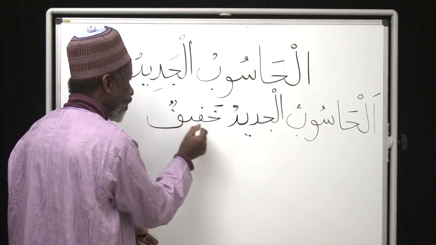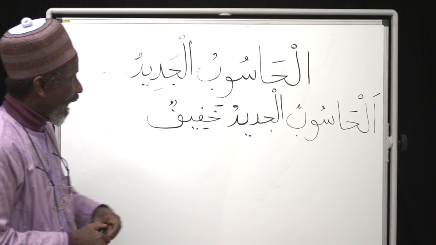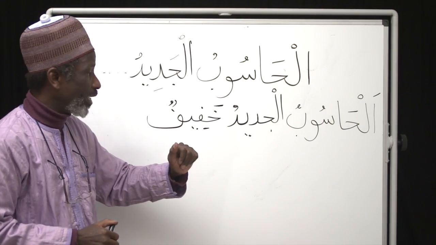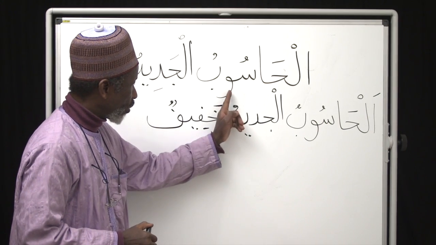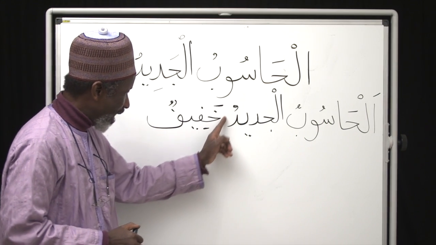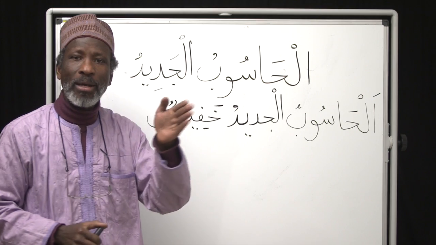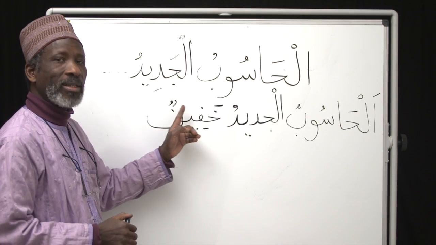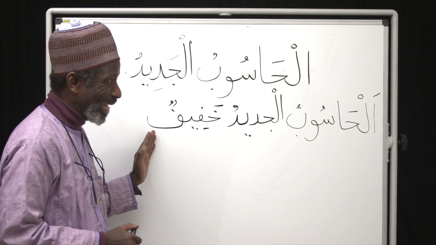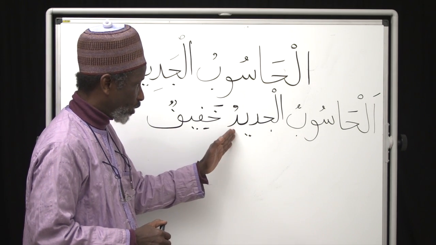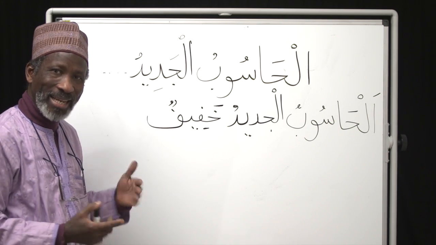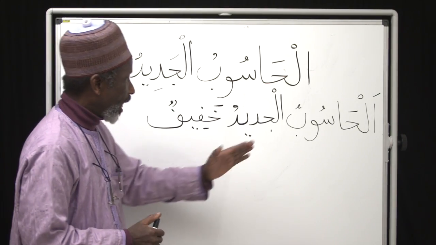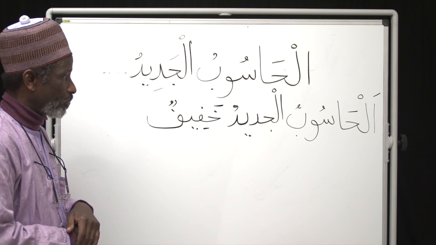So what's happening here? Al-hasubu al-jadidu, the new computer. Khafifun, we drop the al. By dropping the al, the "is" is now implied. Khafifun is light, because the literal meaning is the new computer a light, but in English it is "is light", so the "is" is implied. Al-hasubul jadidu khafifun.